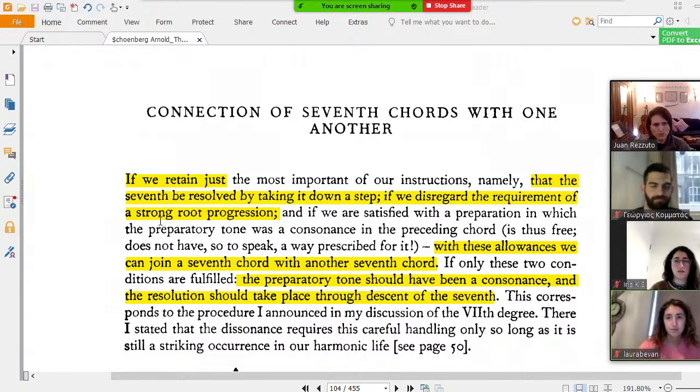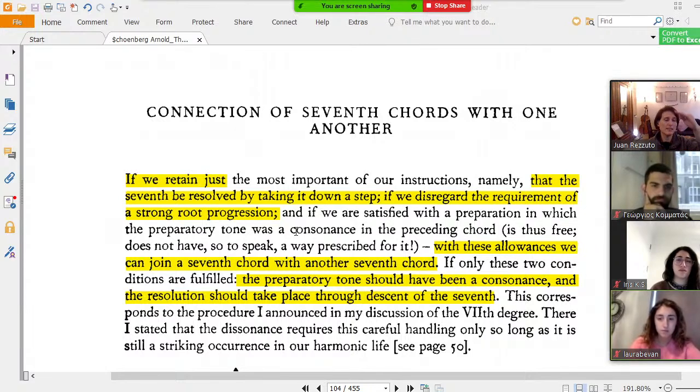I didn't want to go into much detail with this chapter, because at the end of the chapter it says this: if we disregard the requirement of a strong root progression, and if we are satisfied with a preparation in which the preparatory tone was a consonance in the preceding chord, then there are two things he says don't change.